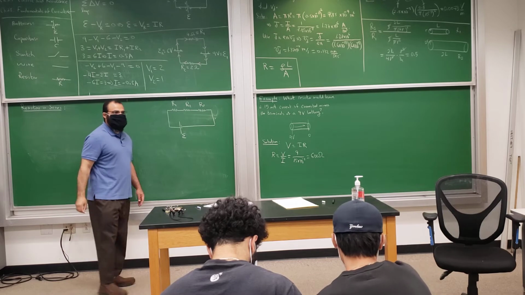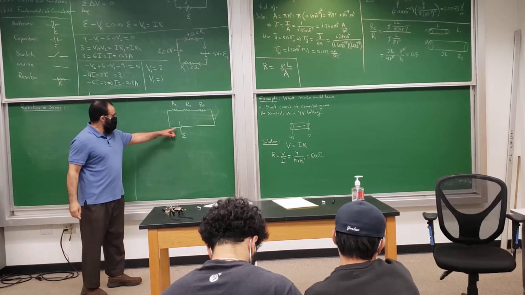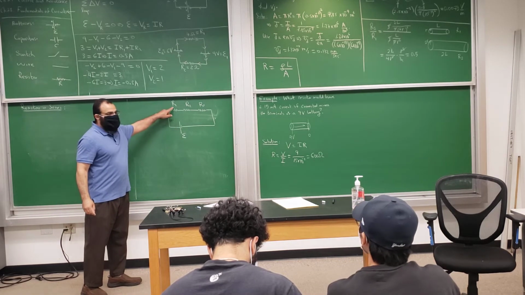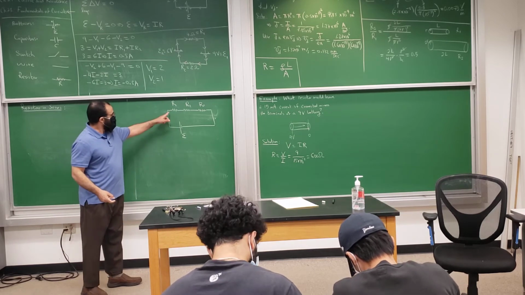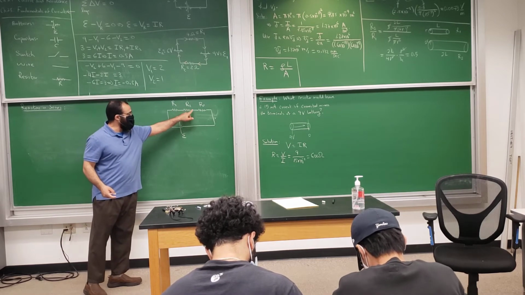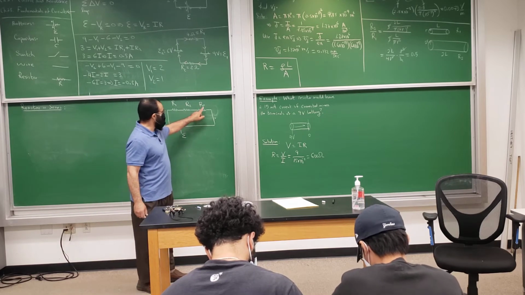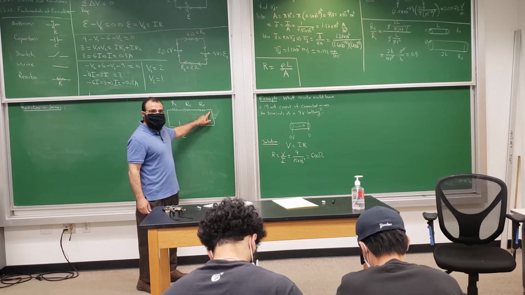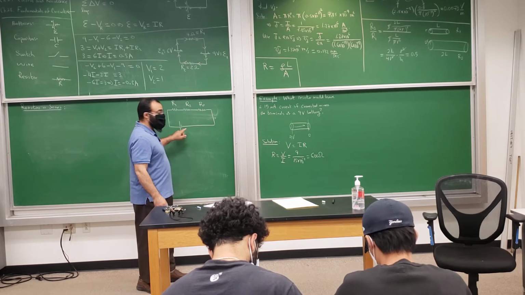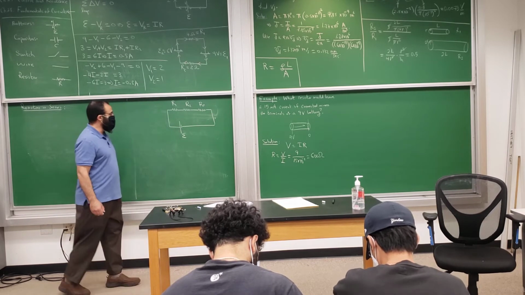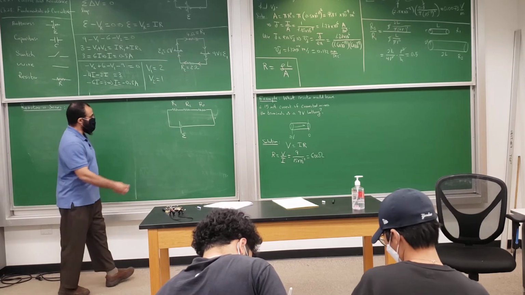Now, conservation of charge tells me that if you have 1 coulomb going in, 1 coulomb has to come out. So whatever current flows through R1 has to equal the current that flows through R2, and equal the current that flows through R3. Then it circles back, so it would be the same current.